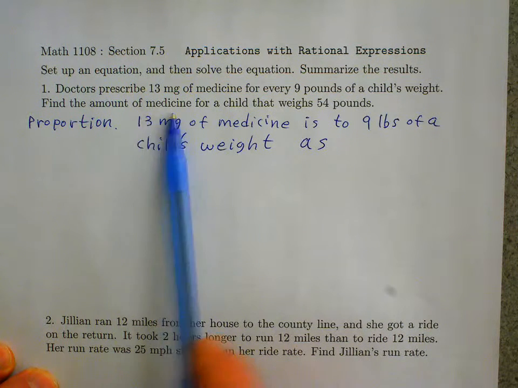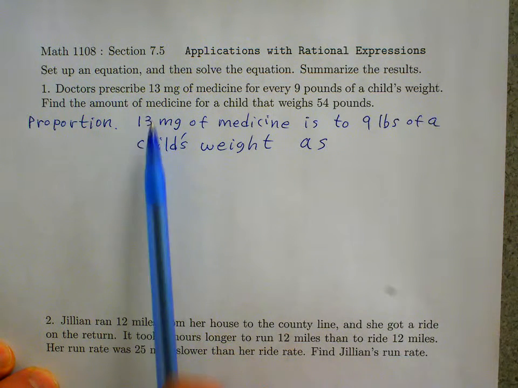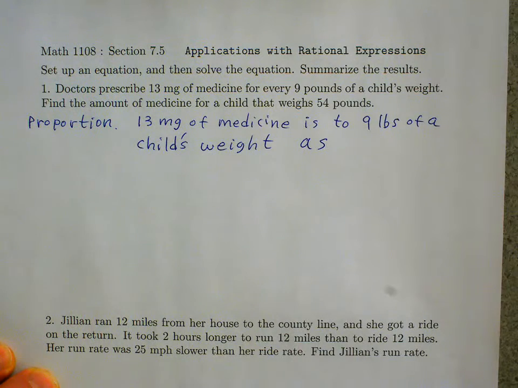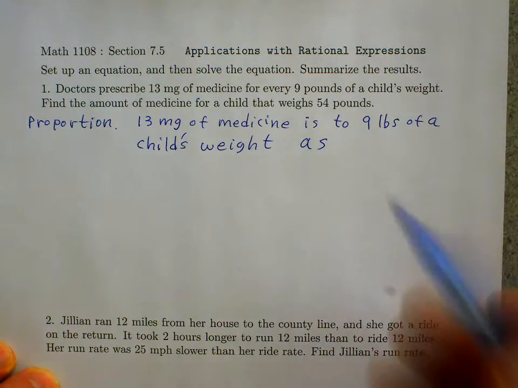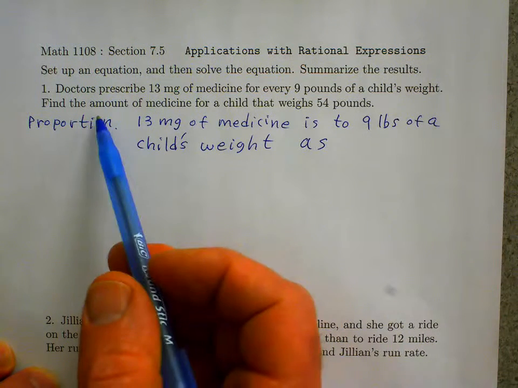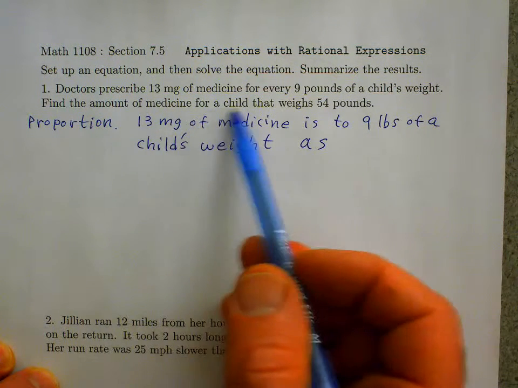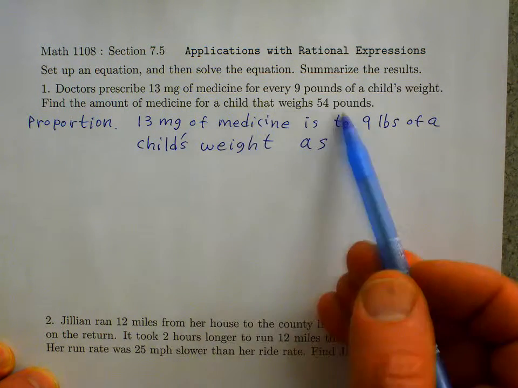And in algebra, whenever we are supposed to find a quantity, we pick a variable to represent it. So we're going to pick a variable to represent the amount of medicine for a child that weighs 54 pounds.